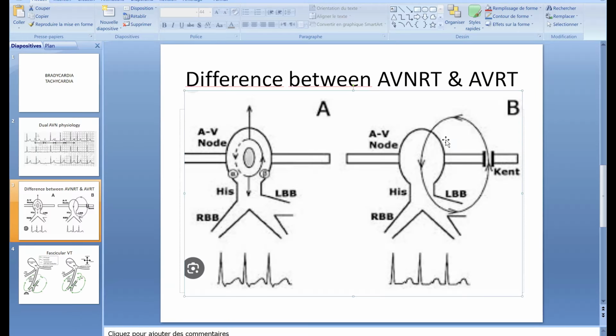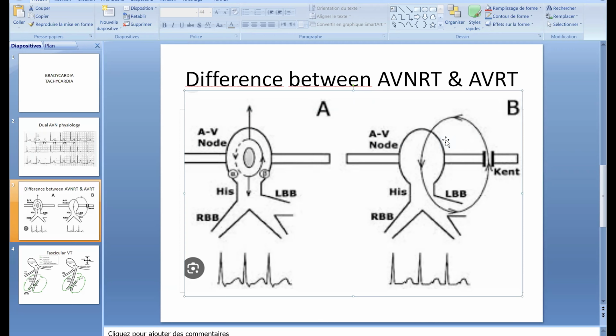The common part between atypical AVNRT is that the flow goes up to the atrium using the slow pathway. So here we will have a longer RP interval compared with typical AVNRT. That can cause confusion with other kinds of narrow tachycardia like AVRT. So that is the difference.